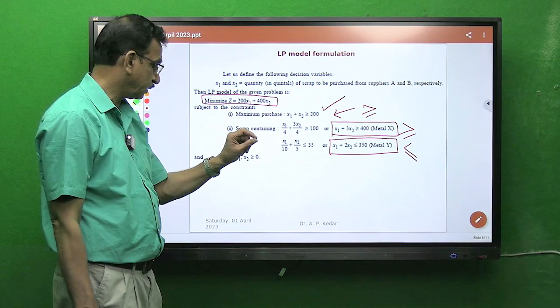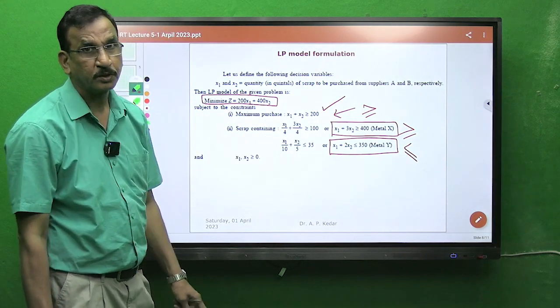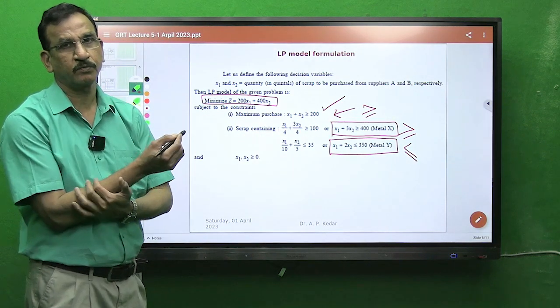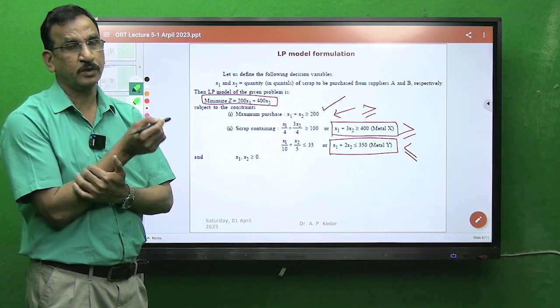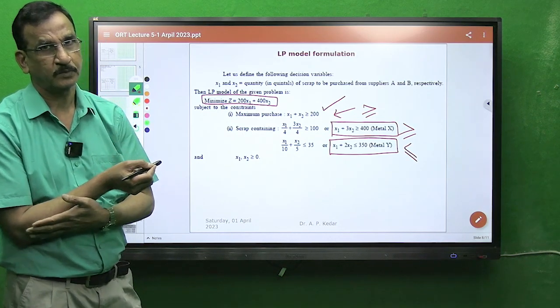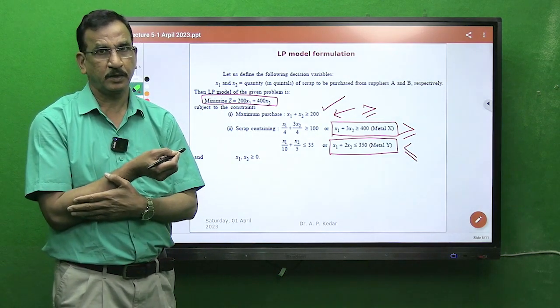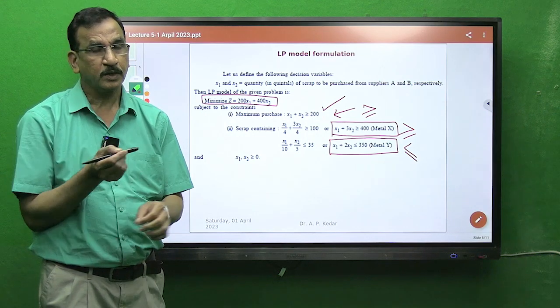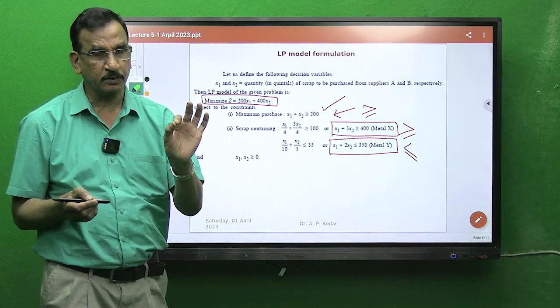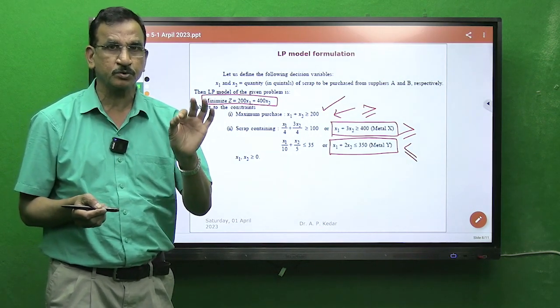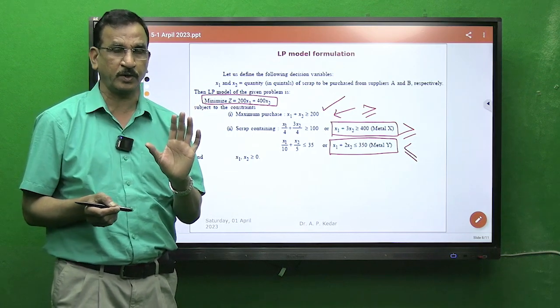Now here there is no equal to line, so there is no question of the solution lying on an equal to line. I think it is very clear now. If there is an equal to sign on any line, then only the solution will be on the equal to line.